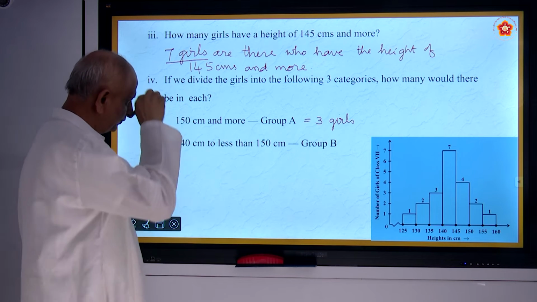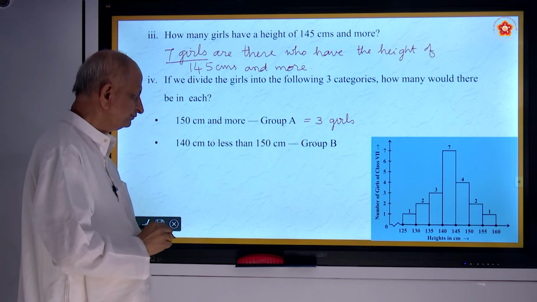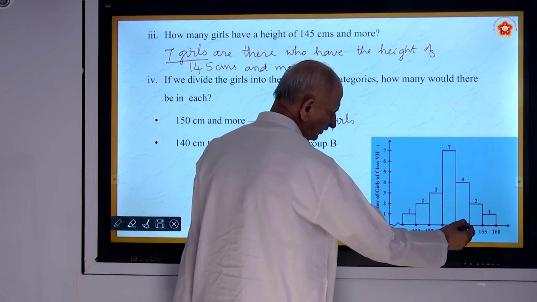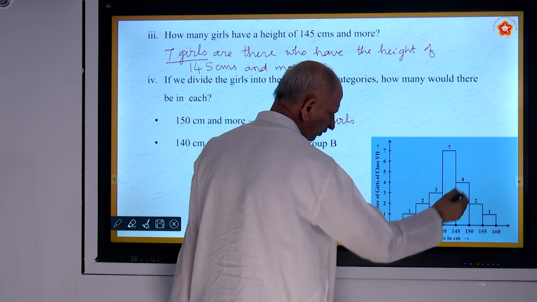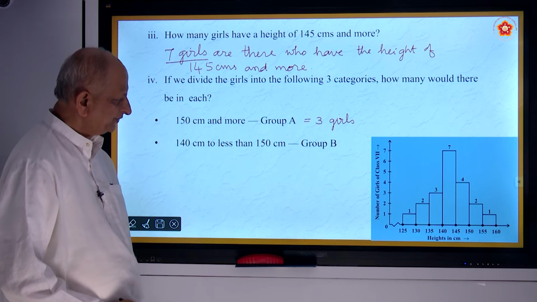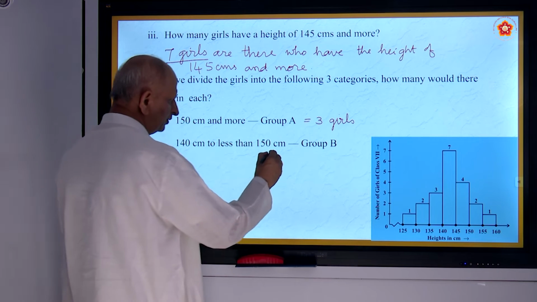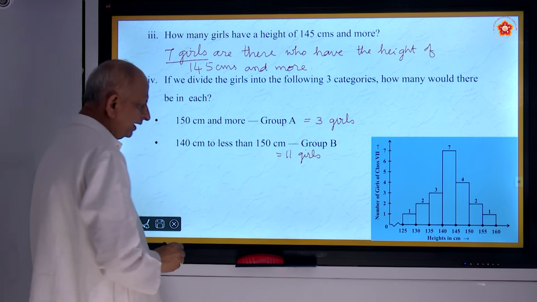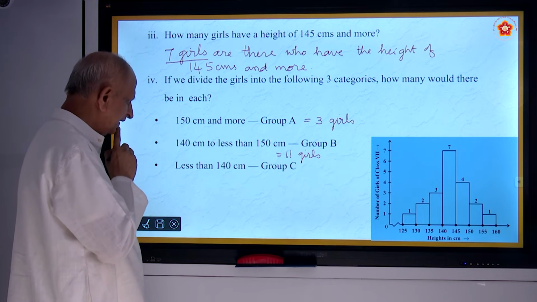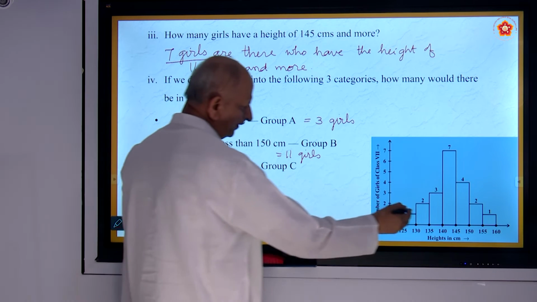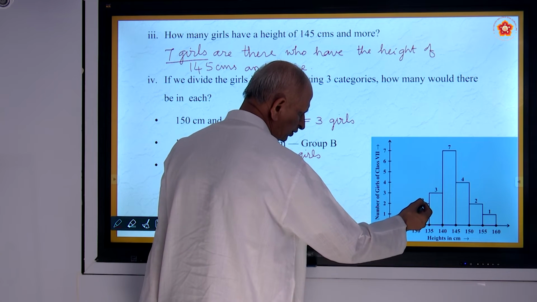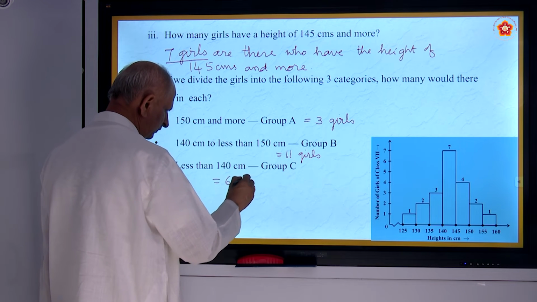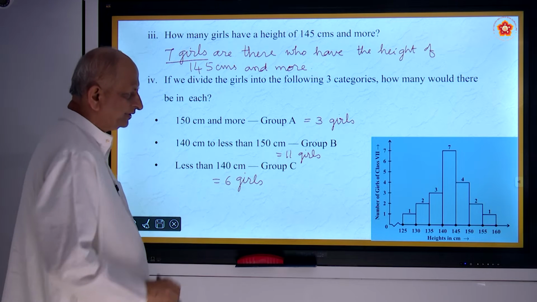And in group B, 140 to 150. 140 is here, 150 is here. 7 plus 4. So more than 140, less than 150. That is 7 plus 4, that is 11 girls. And group C, less than 140. So 140 is here, less than that means 1 plus 2, 3, 3 plus 3, 6. There will be 6 girls. So that is the answer for this question. Correct?